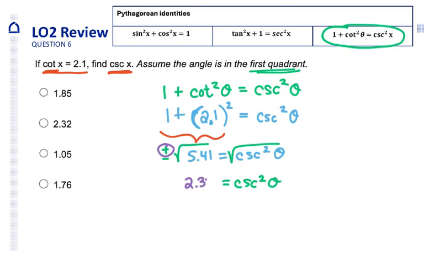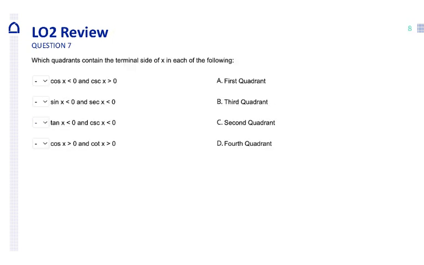So really I would round it to 2.33. Sometimes we have errors like that, small errors. Just choose the closest, which is 2.32.